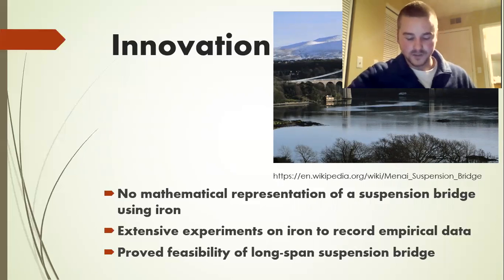This empirical data involved the relation between tension and loads in the suspension bridge, as well as testing the strength of iron in relation to the diameter and their load capacities.